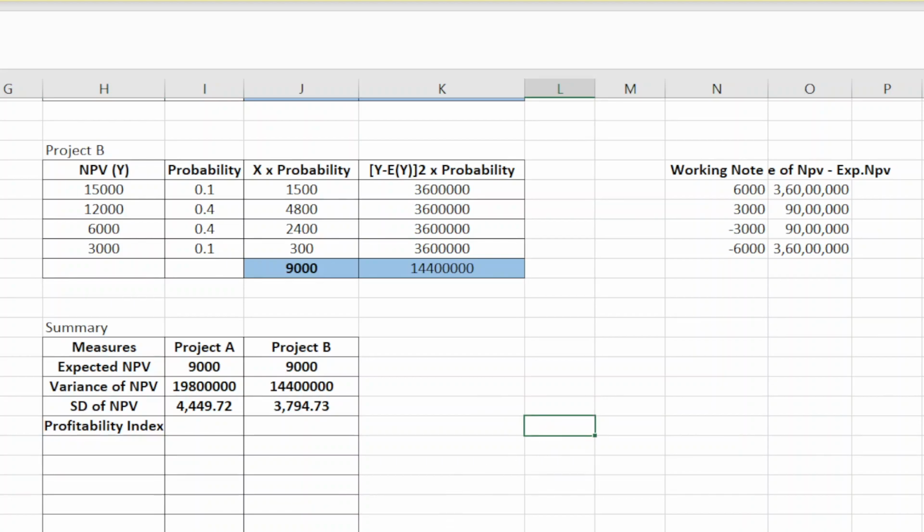PI is equal to, open the square bracket and the small bracket, cost of the project plus expected NPV, close the small bracket, divided by cost of the project.